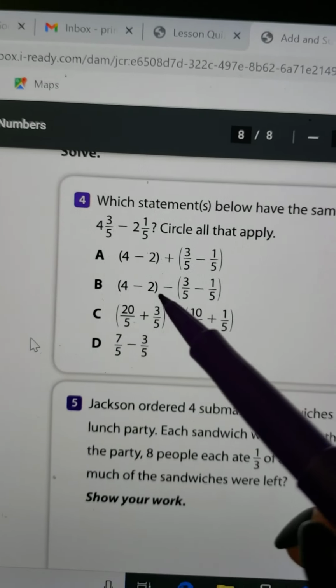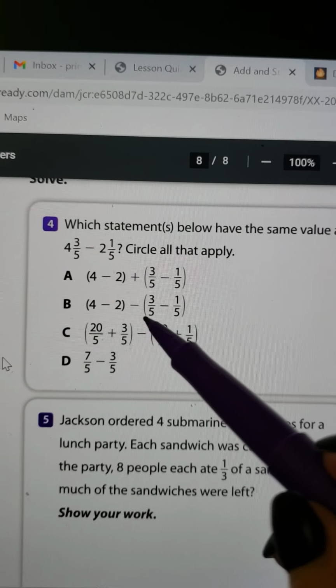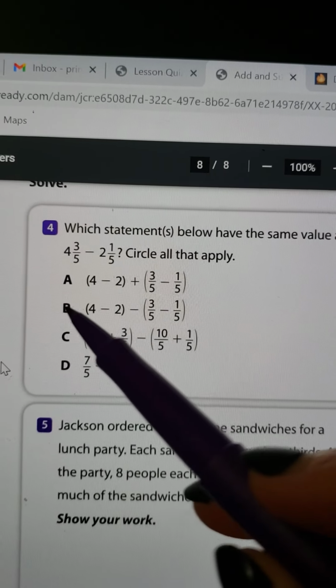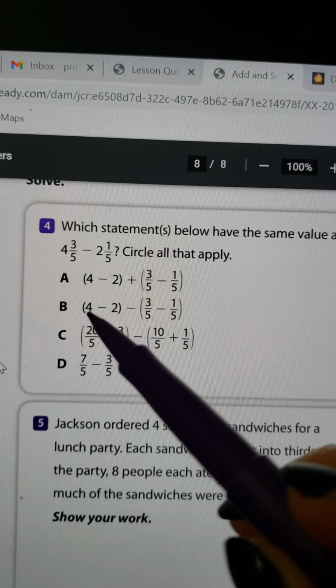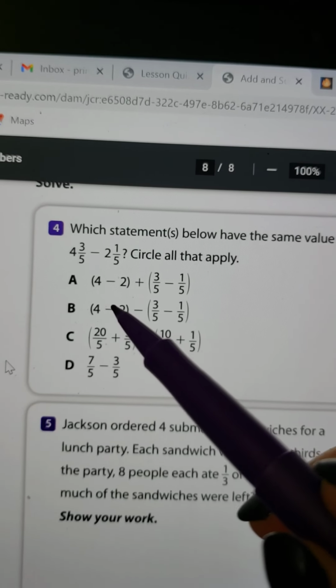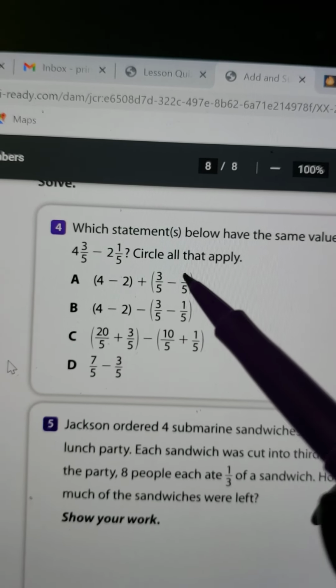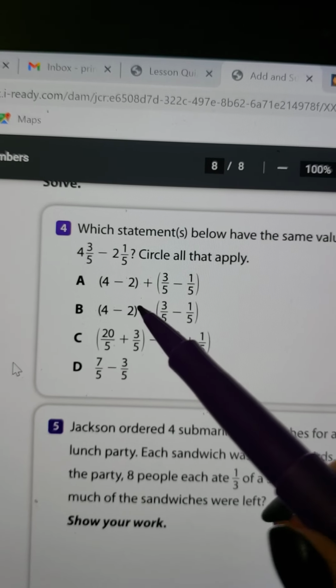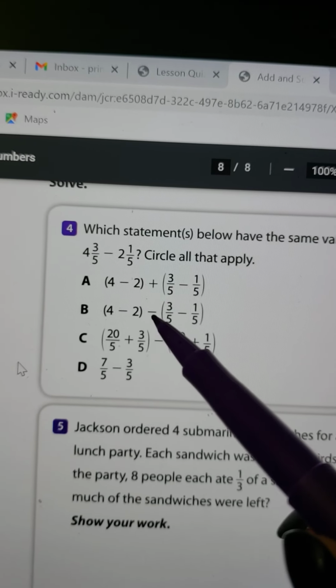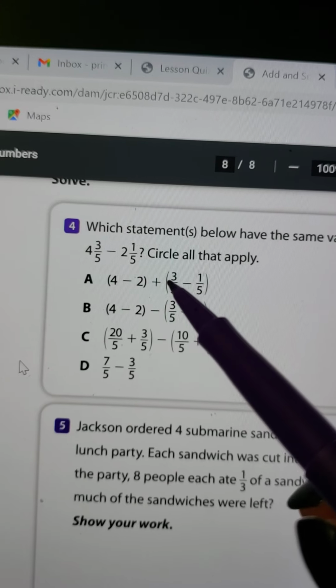Now, for letter B, let's think about this logically. Okay, friends? If I look at letter B, I see this right here is the same. But there's a subtraction symbol right here in the middle instead of a plus sign. So let's think about this.